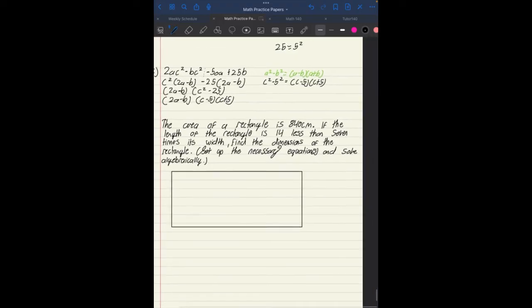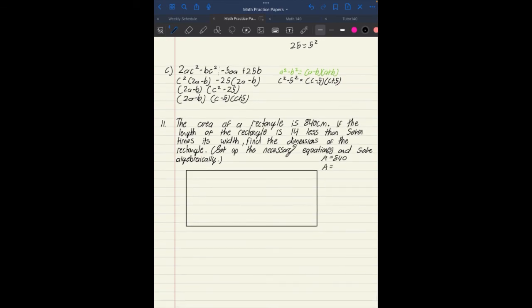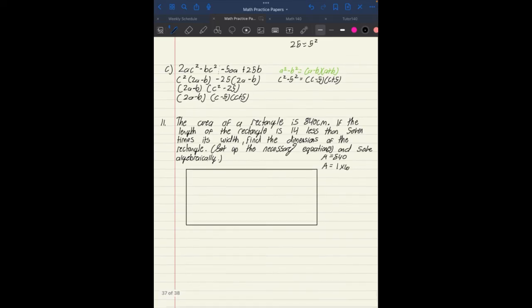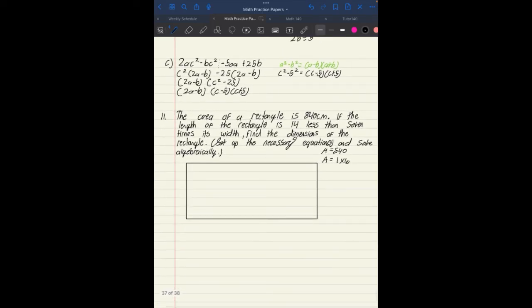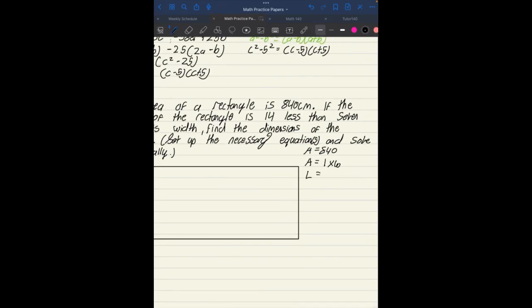Okay, so we have A equals 840. And remember that area of a rectangle is length times width. So if the length is 14 less than 7 times the width, so it's the length is 14 less.